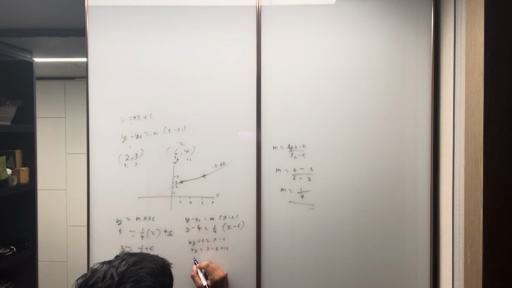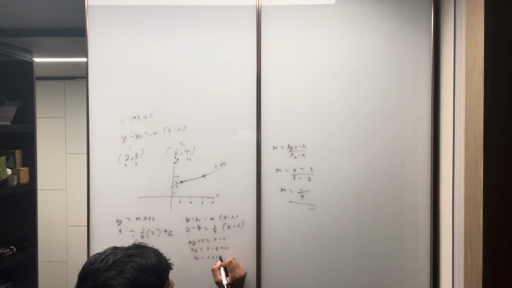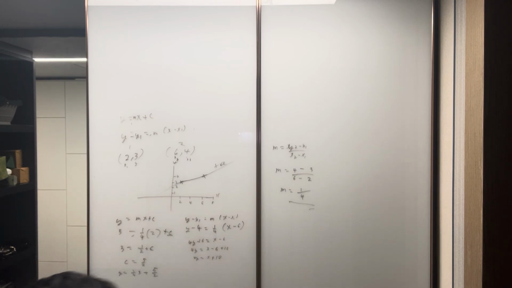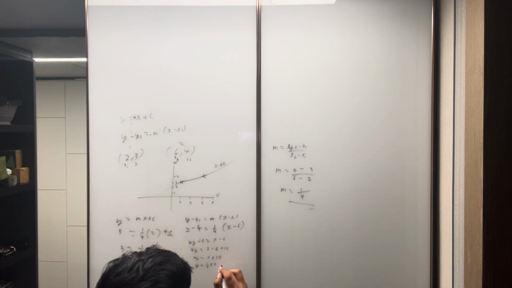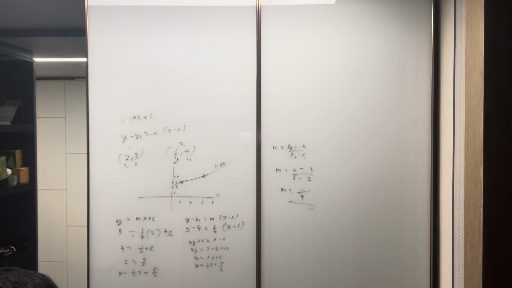So 4y equals x plus 10. If they've asked you to write it as y equals mx plus c, we write this as y equals 1 by 4 x plus 10 by 4, which is also 5 by 2, which is the same as this.